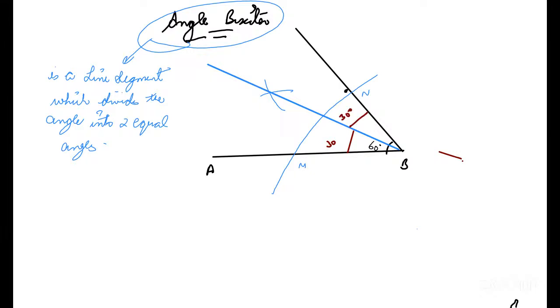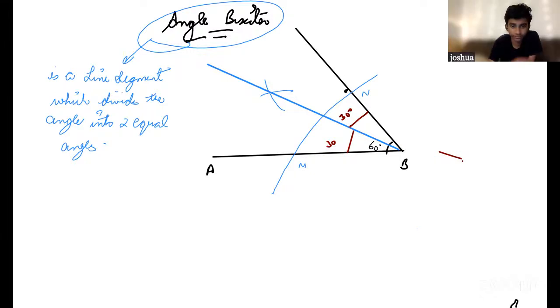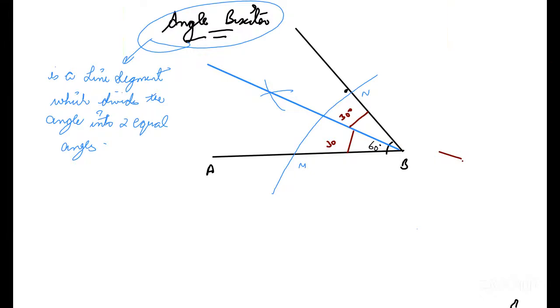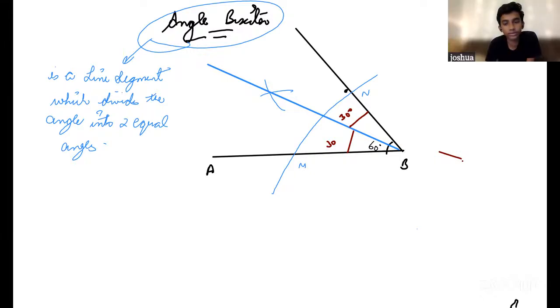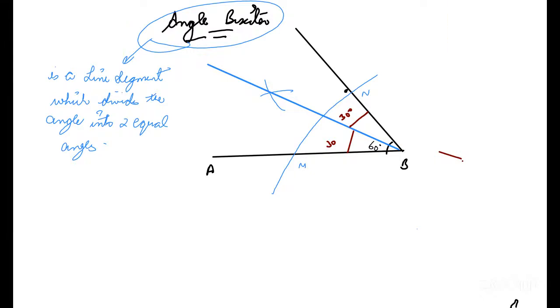Can you measure it and tell me, is it 30 degree or not? You put 60 and divided it into 30 and 30. That is what is called an angle bisector.